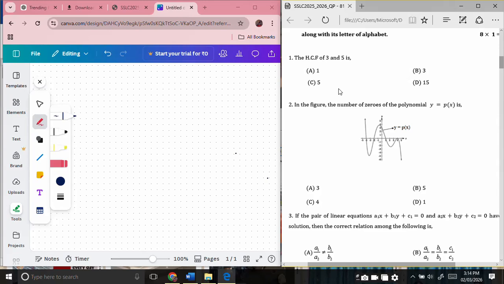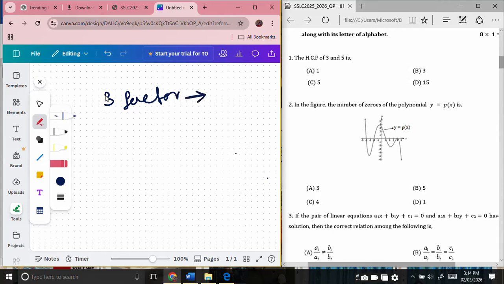So first, here you can see we have to know the factors of 3, which are 1 and 3. 3 is in the table of 1, 1 into 3 we are going to get 3, and 3 itself is in the 3 table.